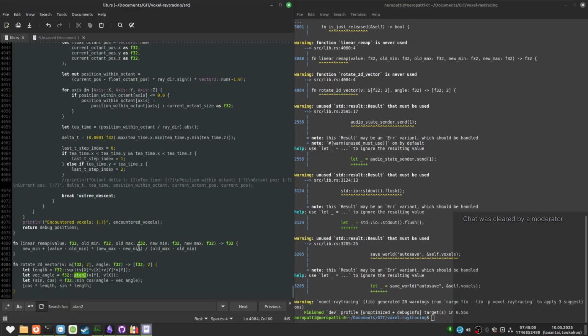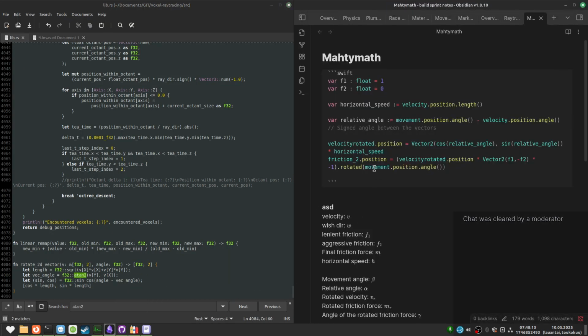I feel like I should test this function somehow. It's probably fine. Anyway. I have one ingredient here now. You can rotate the velocity. Wow, I kind of have everything already.